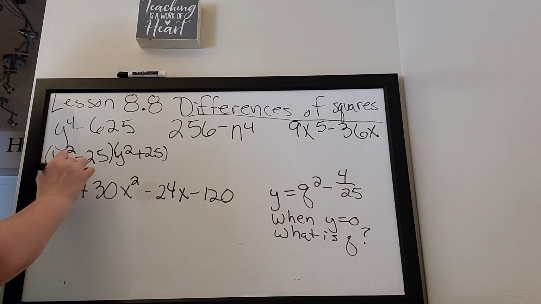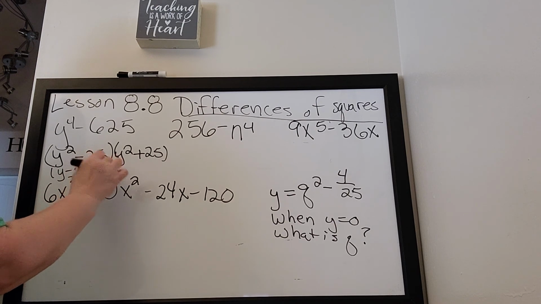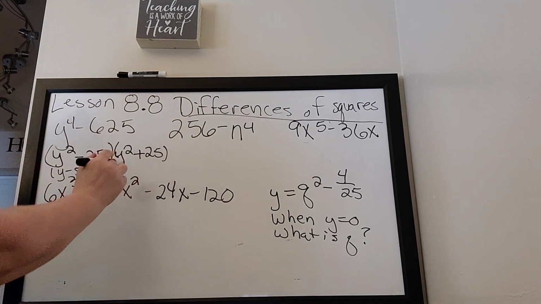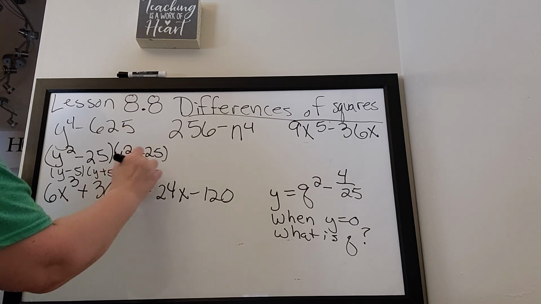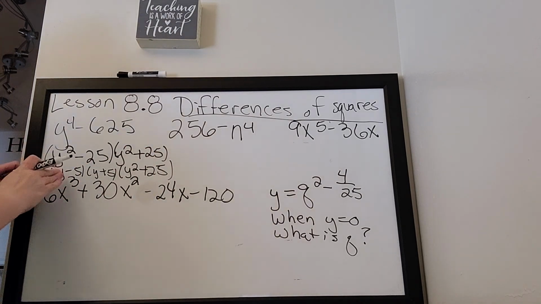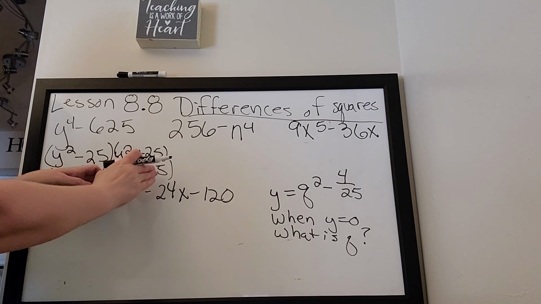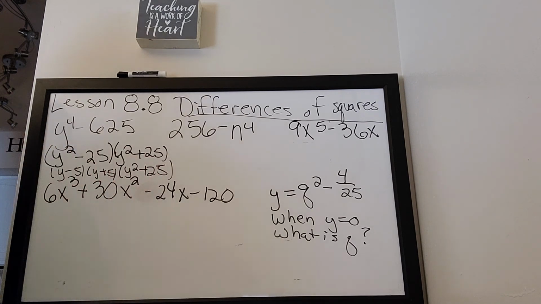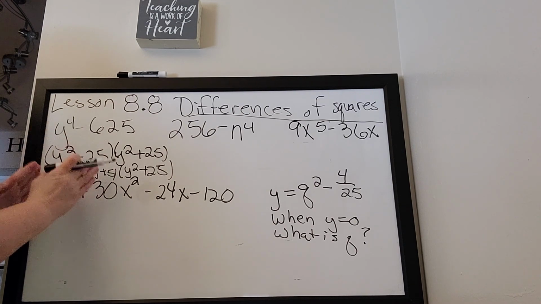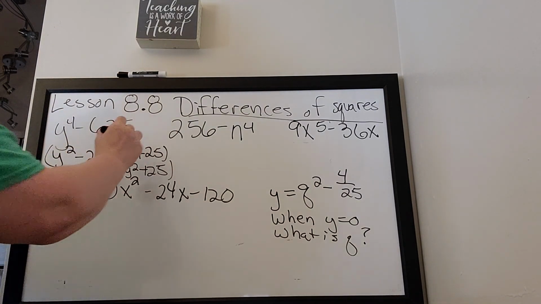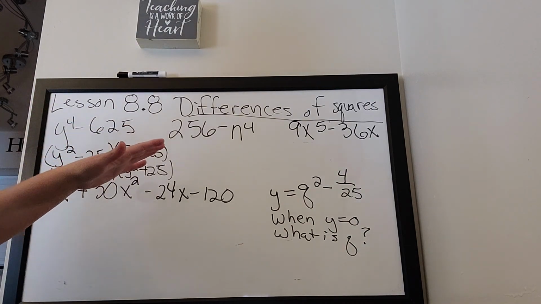Y minus 5, y plus 5, and then also include this, but we can't separate that because it's not a minus. So this is the final answer, y minus 5, y plus 5 times y squared plus 25. When you come up with another difference of perfect squares, you have to do it again. You cannot do it if it's a plus, it can only be if it's a minus.